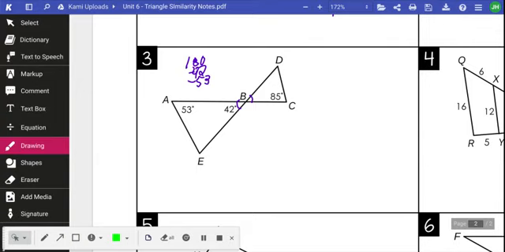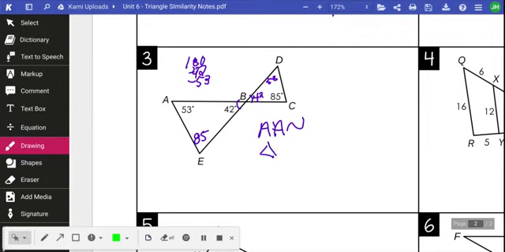So I'm going to be subtracting 95, which leaves me with 85. Okay. And then if I do 180 minus the 42 here, minus 85, I'll also get 53. So even though they didn't look congruent at first, all the angles are congruent. So by angle similarity, these triangles are similar.